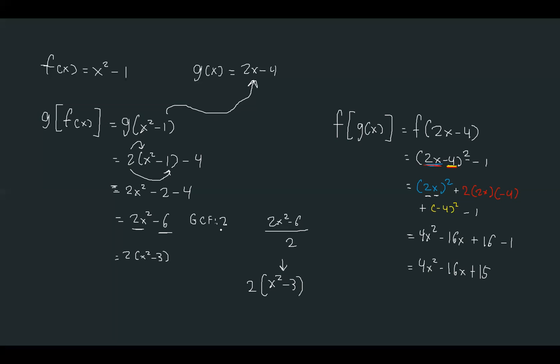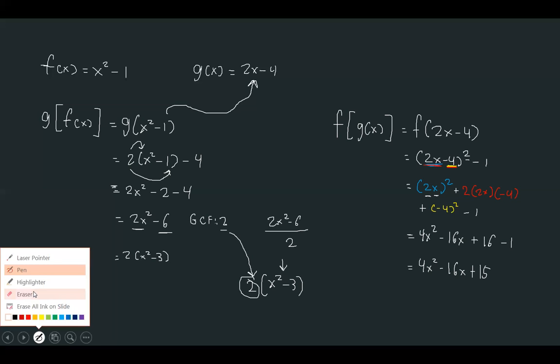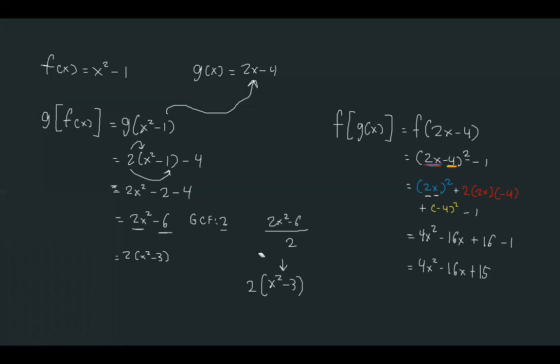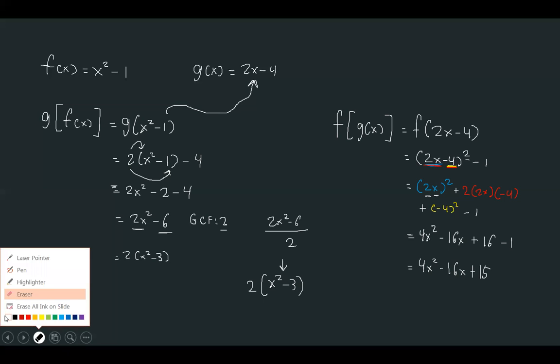After I divide it by their GCF, I put the GCF at the side of the simplified expression, which is x squared minus 3. You guys get it? So this is your final answer.